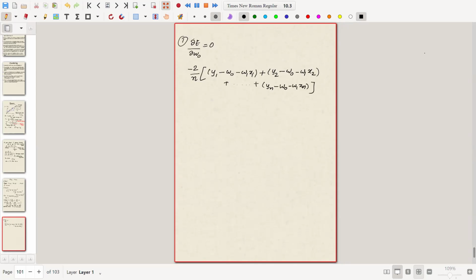So how will I write it in a compact way? We know this thing is there, but how can we? You can see y1 plus y2 plus yn divided by n is there. Follow with me, you can write this in a very simple way.